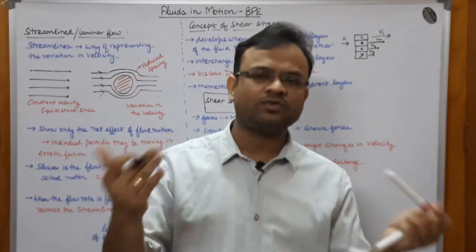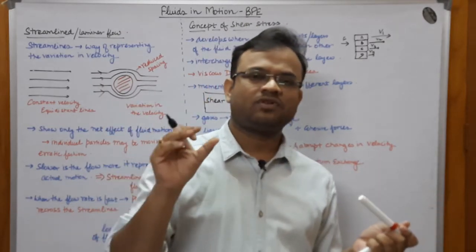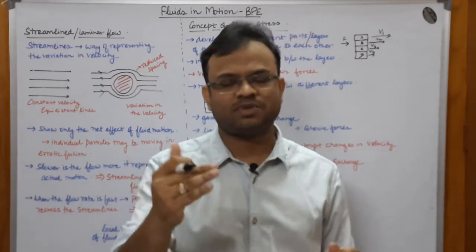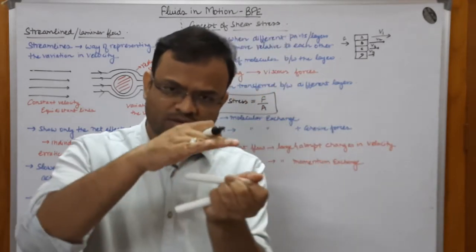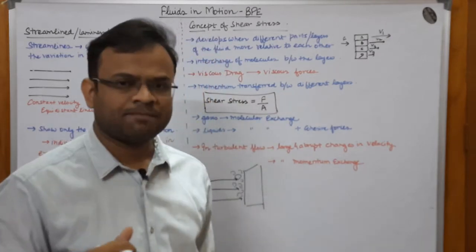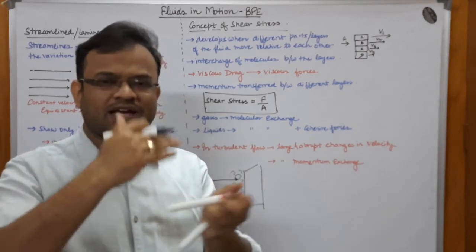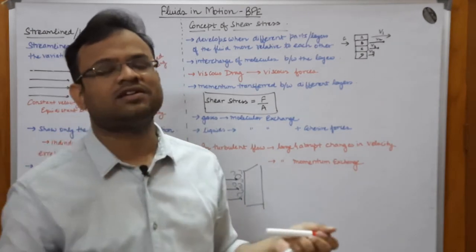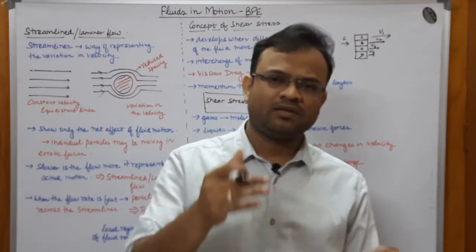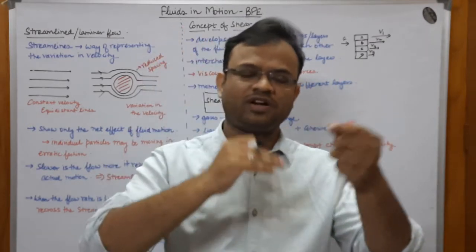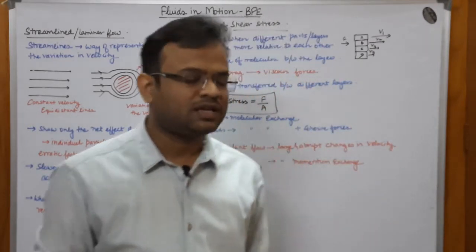Gases and liquids essentially have one difference: the molecules are far apart in gases, but in liquids the molecules are pretty close to each other. The layers of gases can drag only because of the molecules traveling forward and backward between the layers.